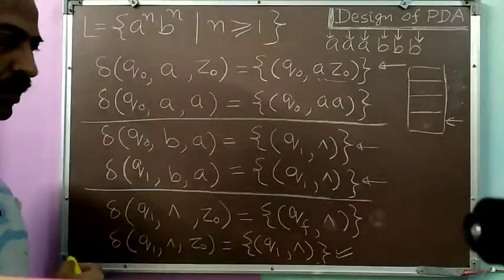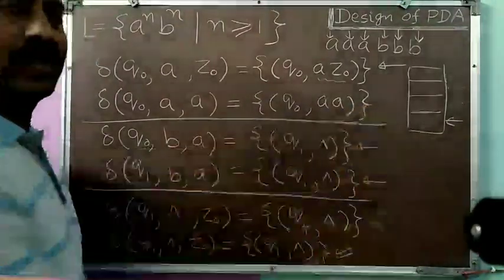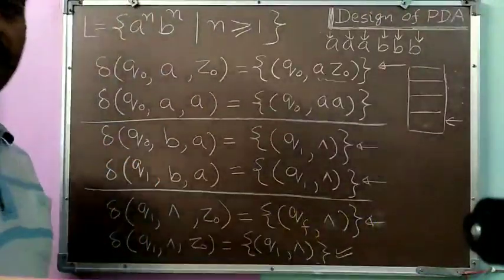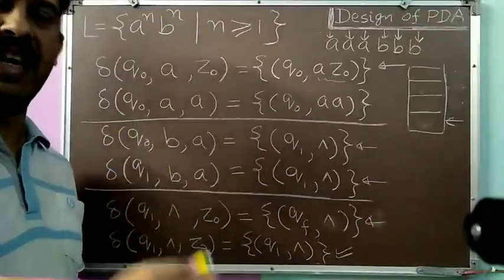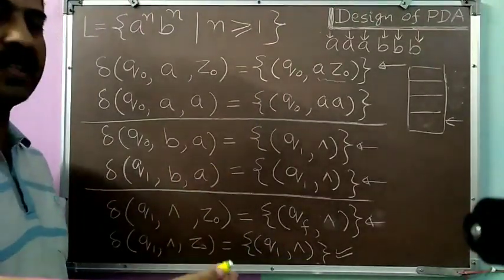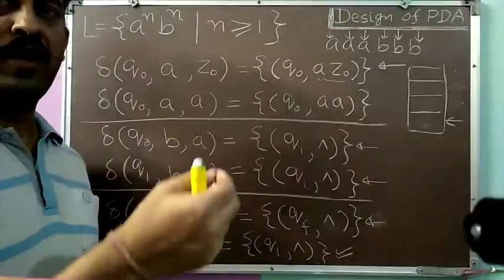If I do this, I have reached a final state as well as my PDS becomes empty. So if I write something like this, it can give me success by both, by final state as well as by null store.